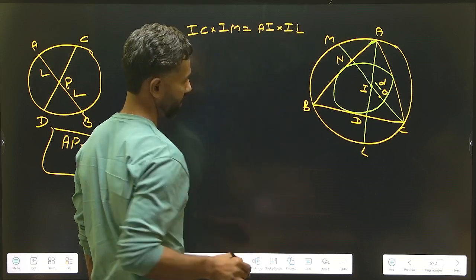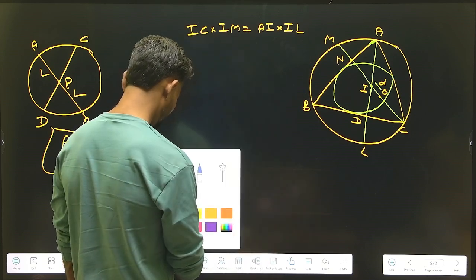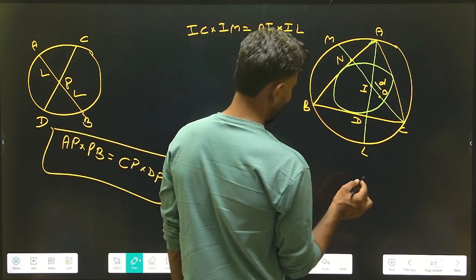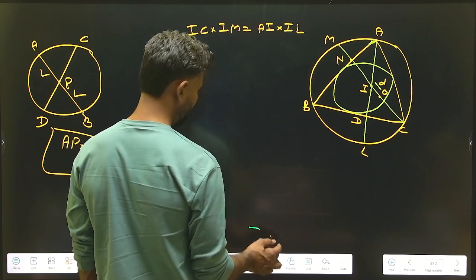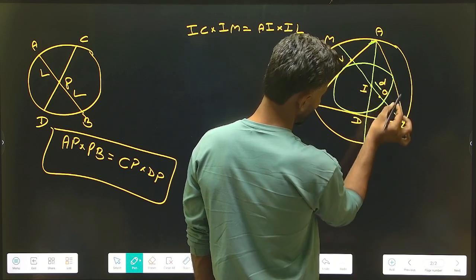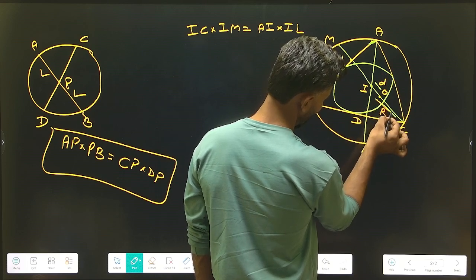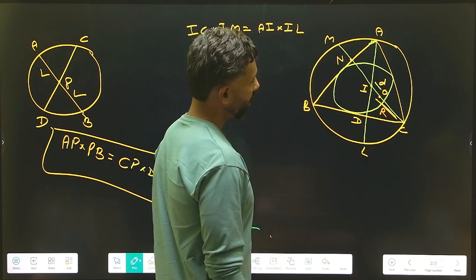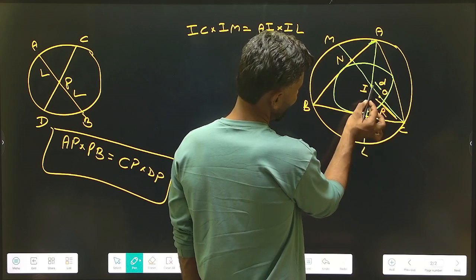Understand that? Now we have to understand one more thing. Which distance am I talking about? I'm talking about OC. OC is the radius of the circumcircle, so this portion will be denoted by capital R. And IC will be equal to R plus d.